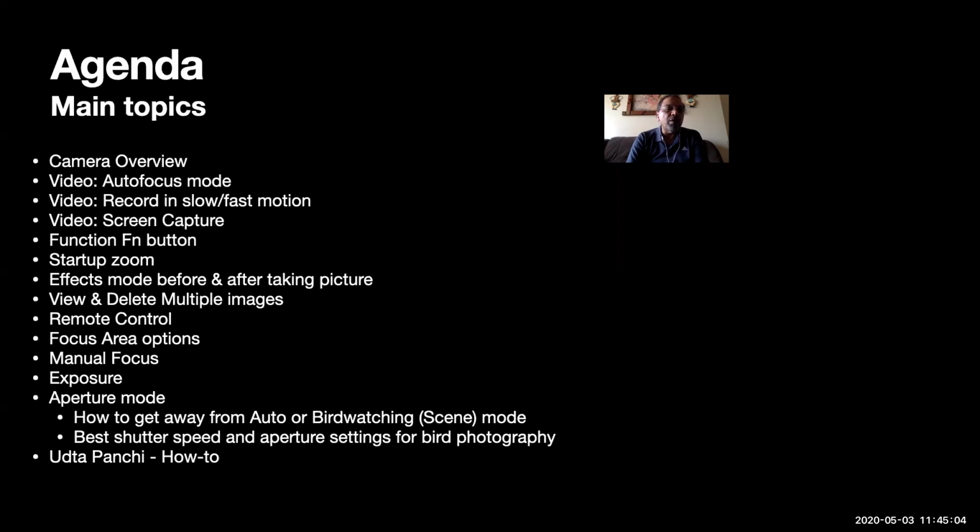We'll see what the function button is. We'll also look at what a startup zoom is, what it means. We will also look at some effects which you can apply while taking a photograph or after taking a photograph also. These are some of the questions which had come, so I have included these topics.